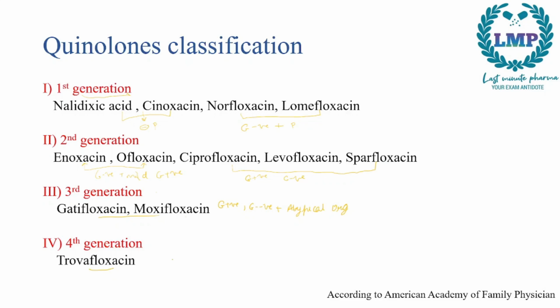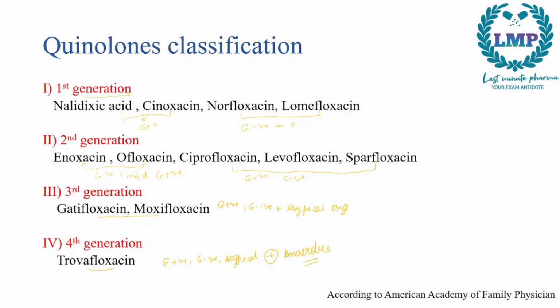Trovafloxacin has action against gram-positive, gram-negative, atypical organisms, and additionally it also has action against anaerobes. So this was the classification of quinolones.